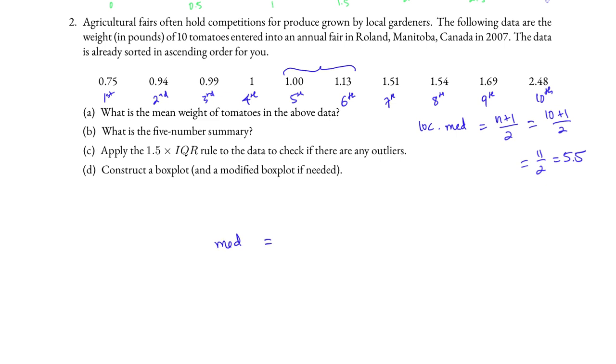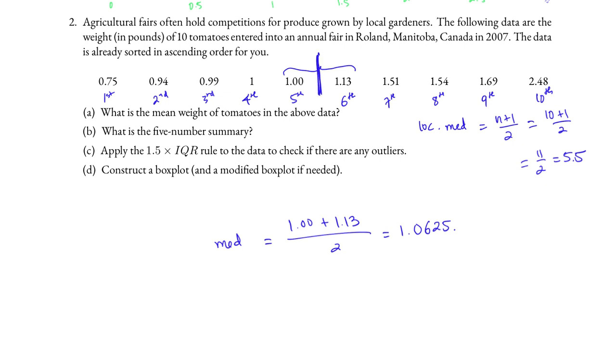Thus, the median is 1.00 plus 1.13 divided by 2, which is 1.065.